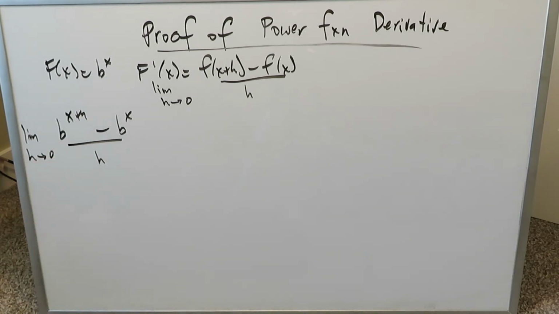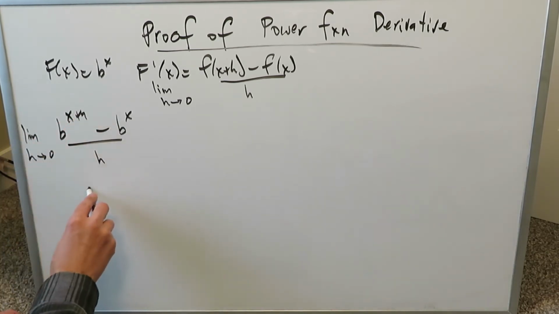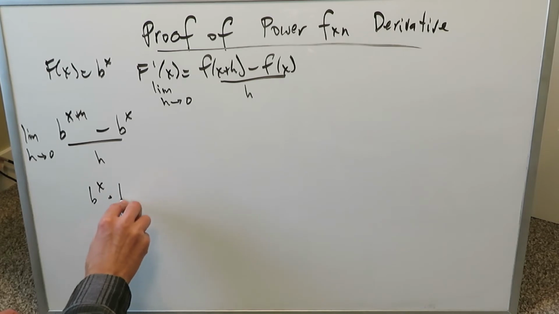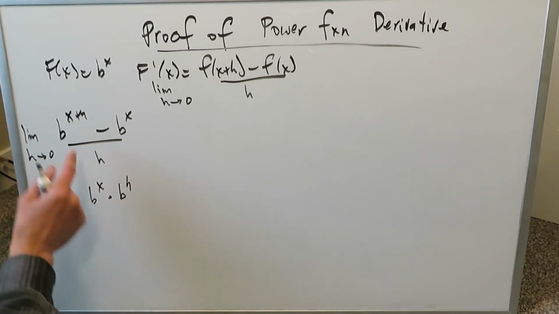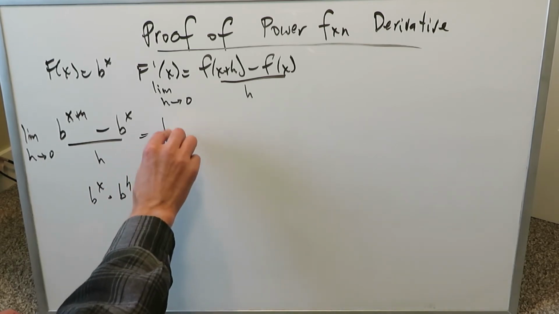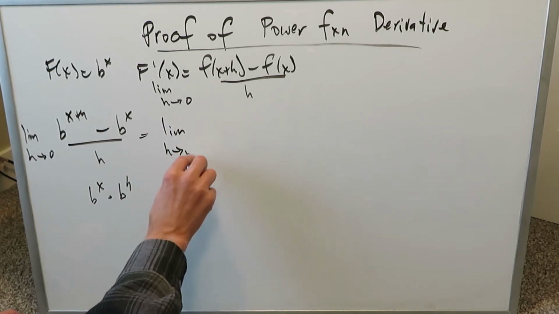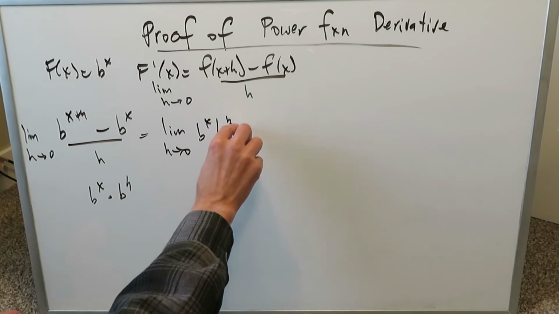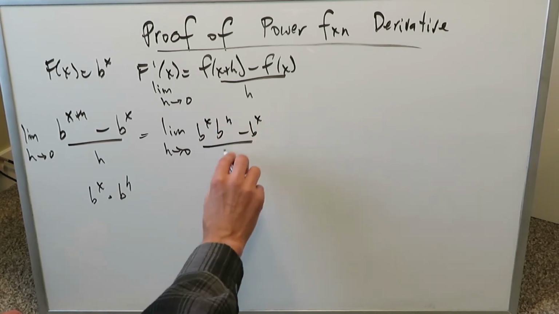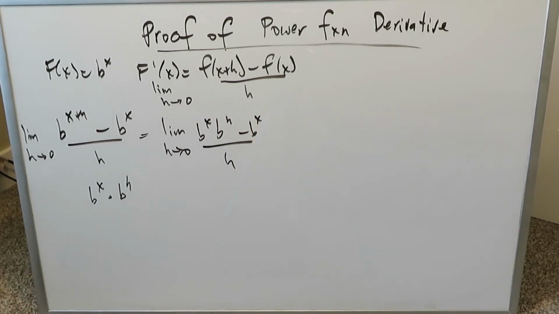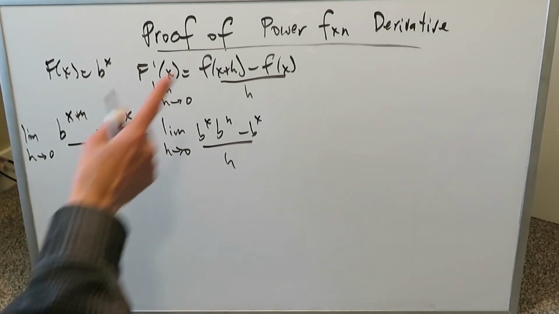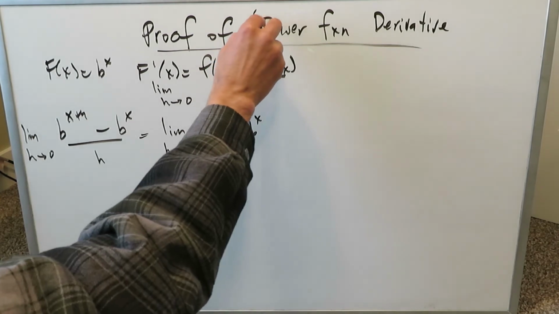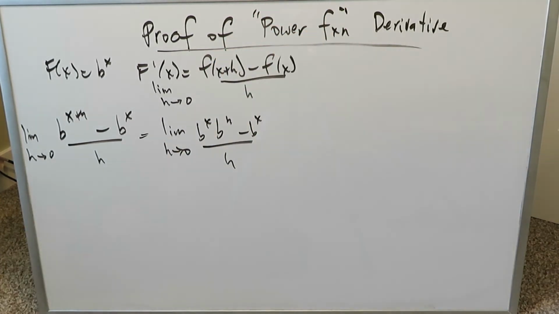Very easily, just like the exponential, b to the x plus h came from two items which are multiplying, each having a different exponent but the same base. Using the properties of exponents, this can be thought of as that. You will have b to the x times b to the h minus b to the x, all over h. This has kind of played in the past with the exponential function derivative, but again, formally you should know how to derive this power function derivative, and that's what we're doing here.